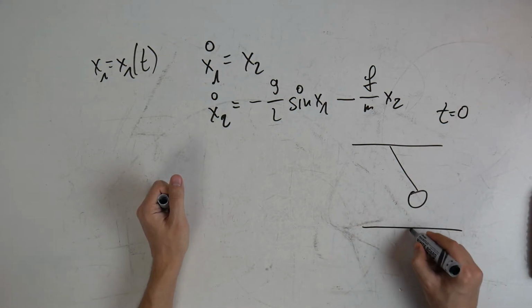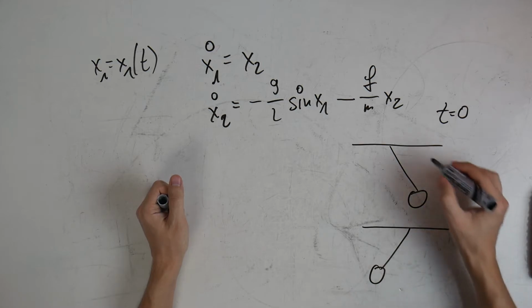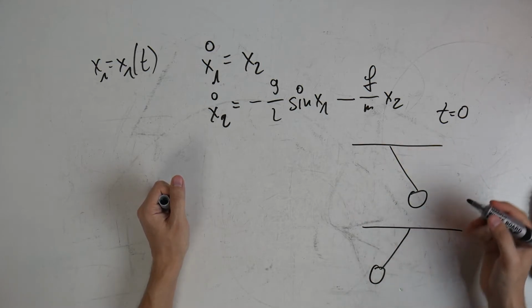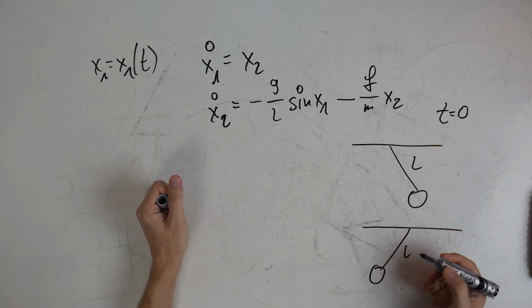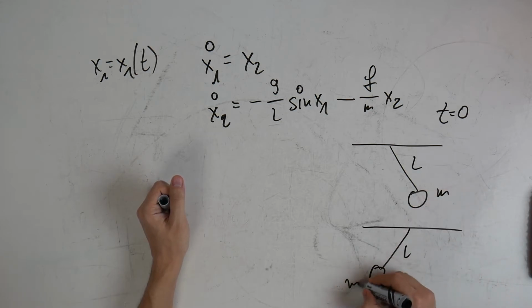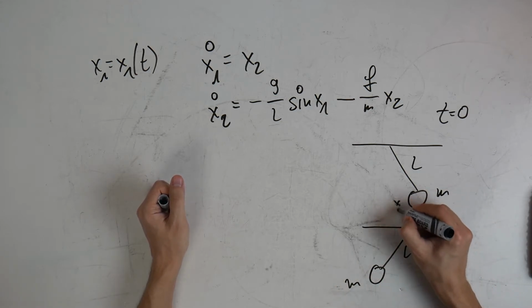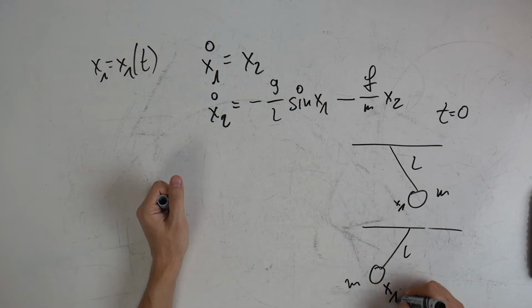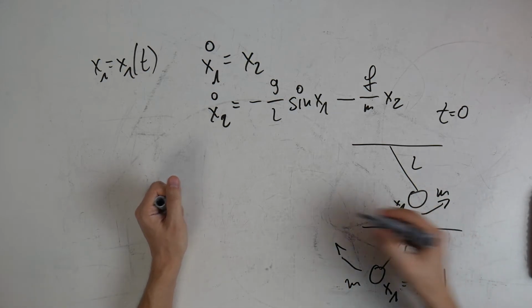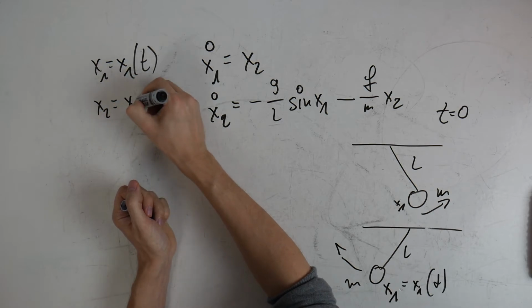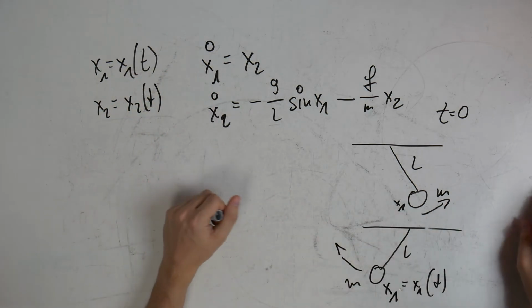When you draw another one, you may notice which variables changed over time. The length was the same, the mass was the same, but x1 did change. So x1 depends on time. x2, the velocity, can also change between the pictures.